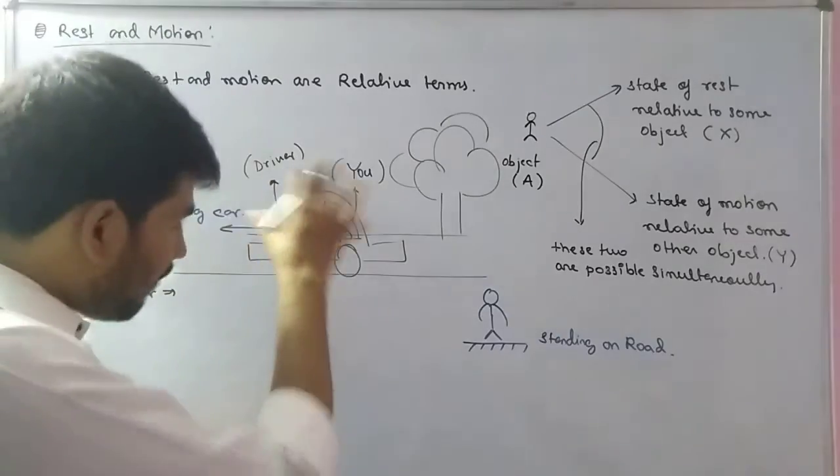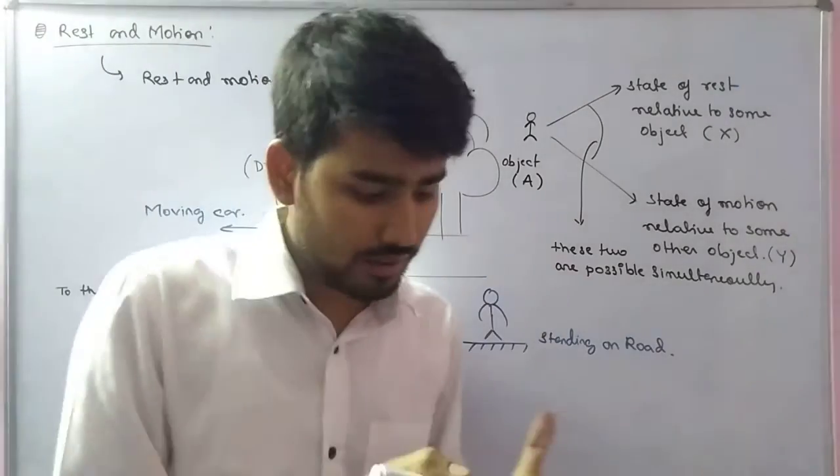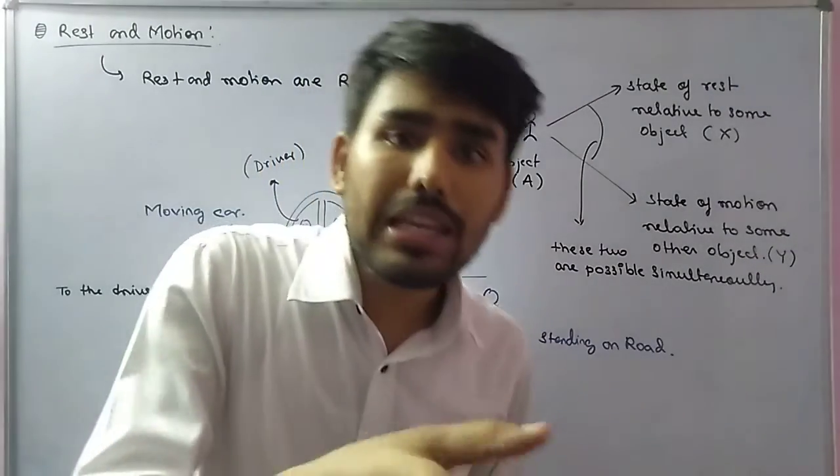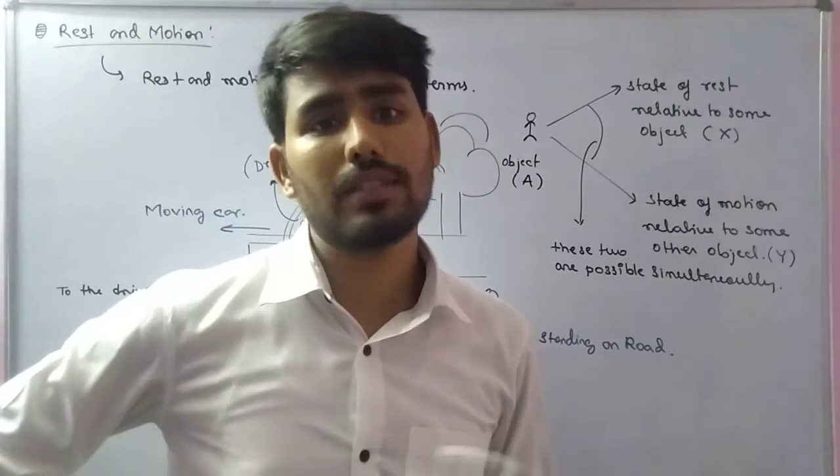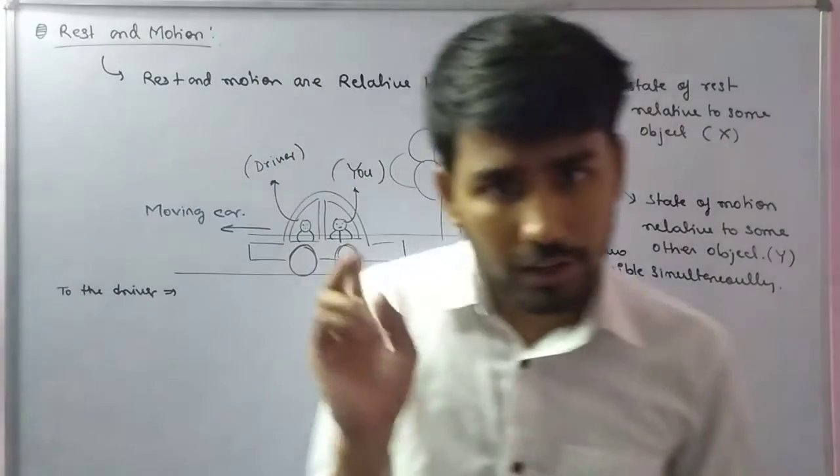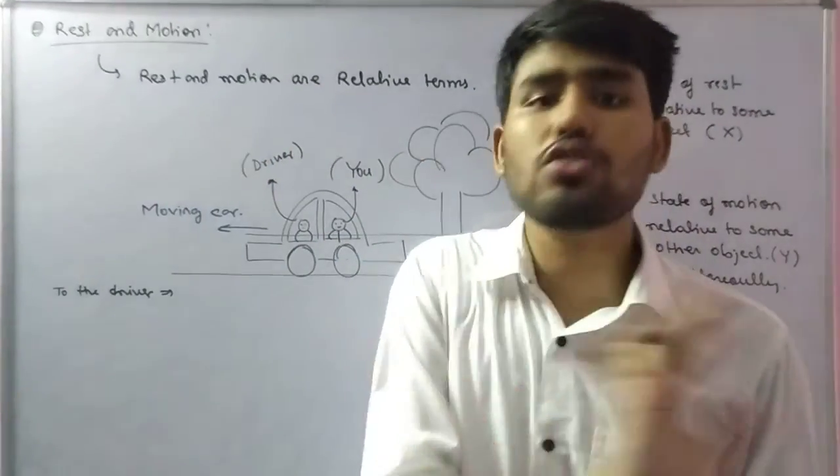Or if there are other members of your family in the car, with respect to your family, you will be in a state of rest. Is it clear what I'm saying? It means when the driver looks at you, your position is not changing with time.